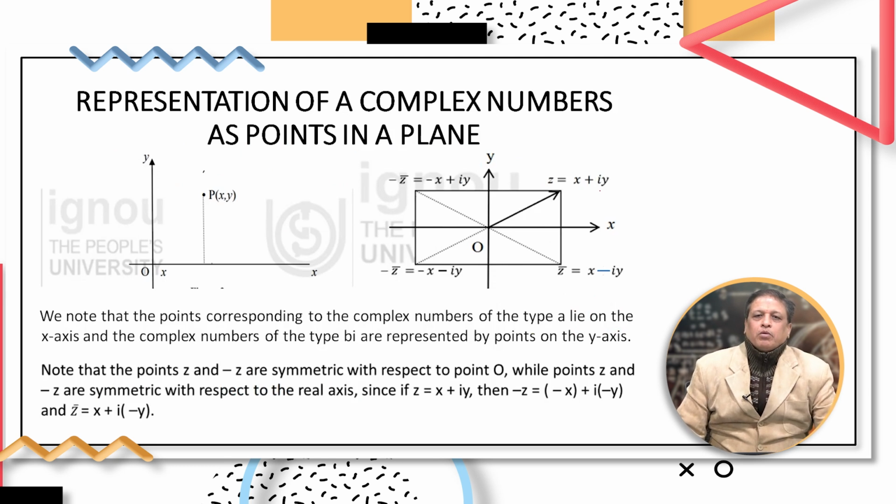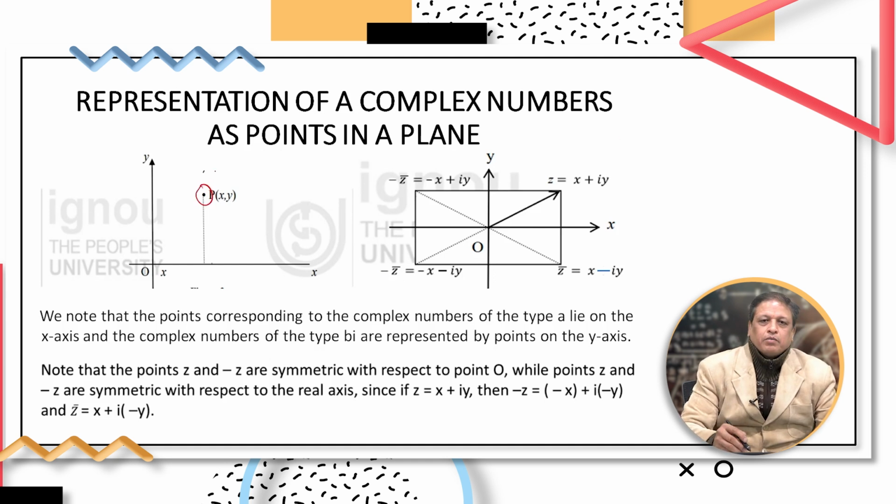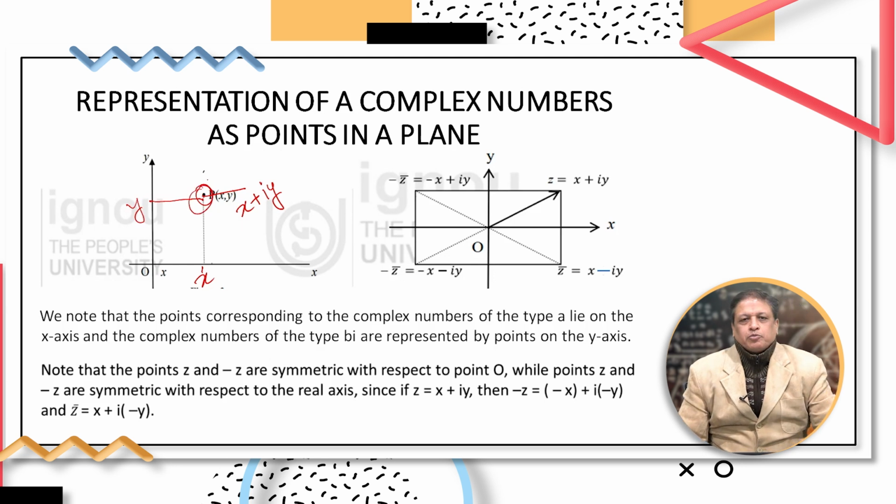Apart from this, we learned how to represent the complex number in an Argand plane, and we learned that the coordinate point P is equal to (x, y), which is actually the complex number x plus iy, where y is the point lying on the y-axis and x is the point lying on the x-axis. So the point in the plane represents the complex number x plus iy.